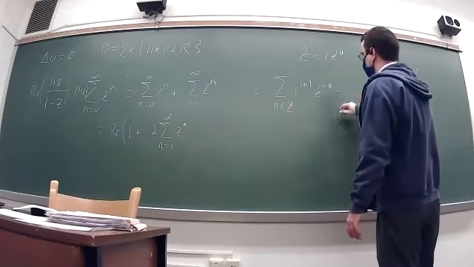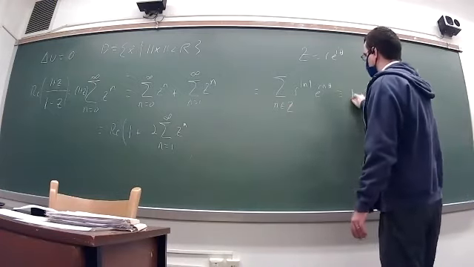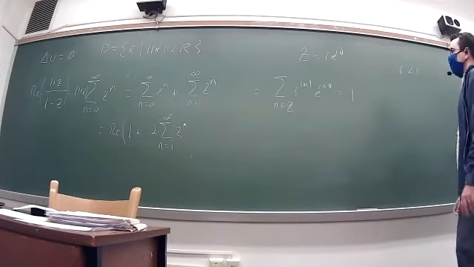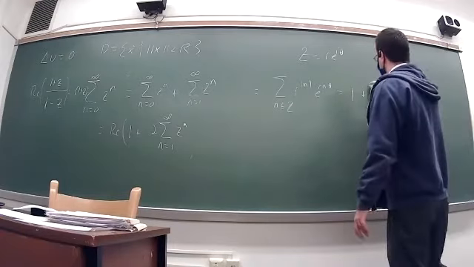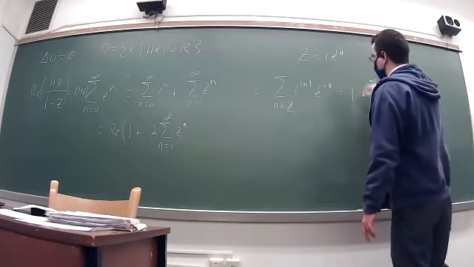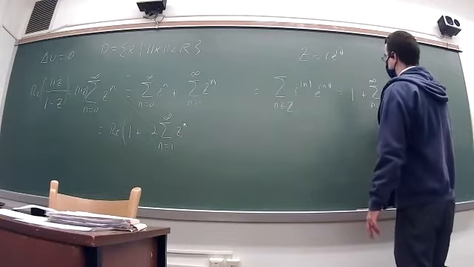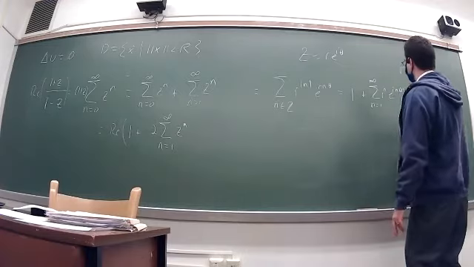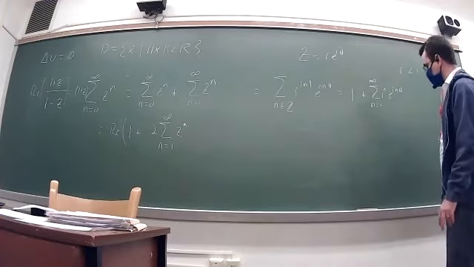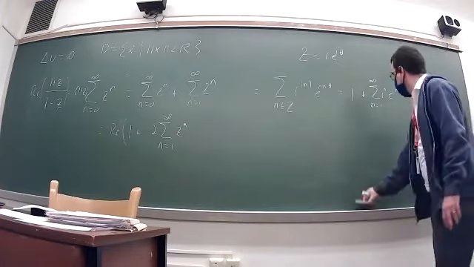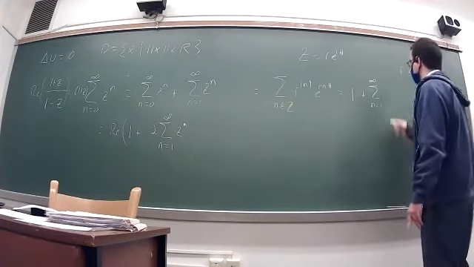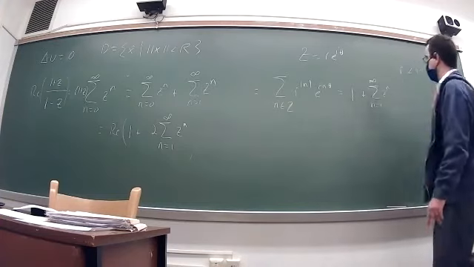So for n equals 0, I just get the number 1, right? For n positive, I get r to the n, e to the i n theta, which is nothing but z to the n.